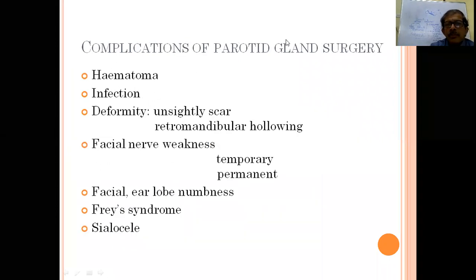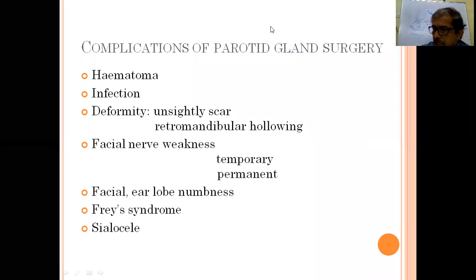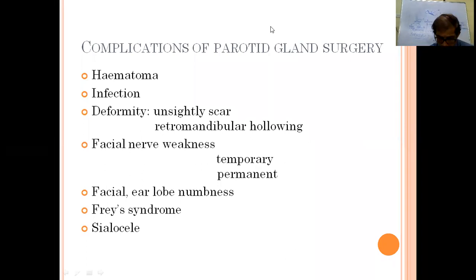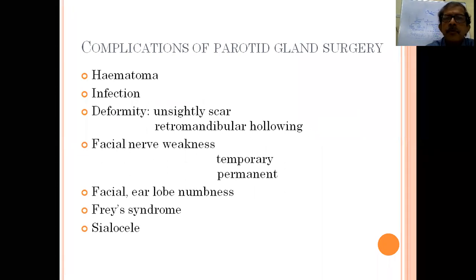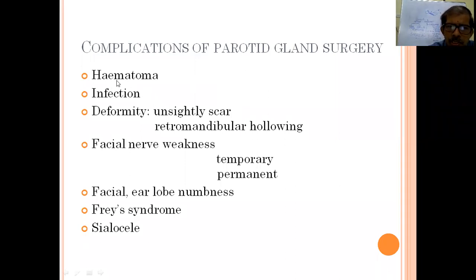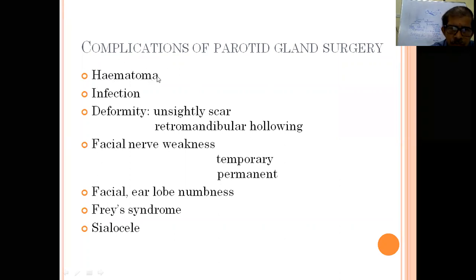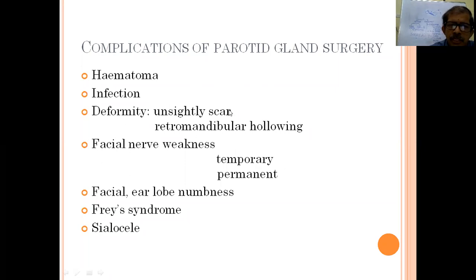Then what are the complications of parotid gland surgery? For any surgery, of course, you know, bleeding. Bleeding will lead to hematoma formation and infection afterwards. After 4 or 5 days, there may be infection. So these are common for any surgery. Whereas peculiar to parotid is deformity.